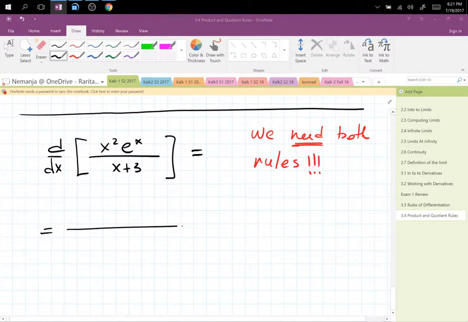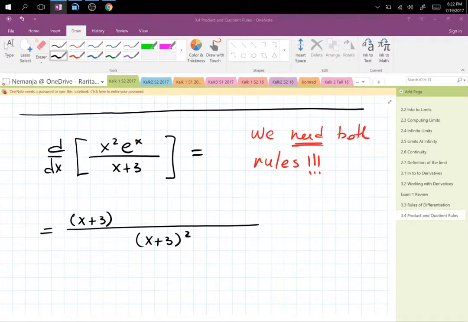So quotient rule is the main rule, which means we have x plus 3 in the denominator squared. Copy x plus 3. And now I have to do the derivative of the top, f, which has the product rule. So now this is the product rule here.